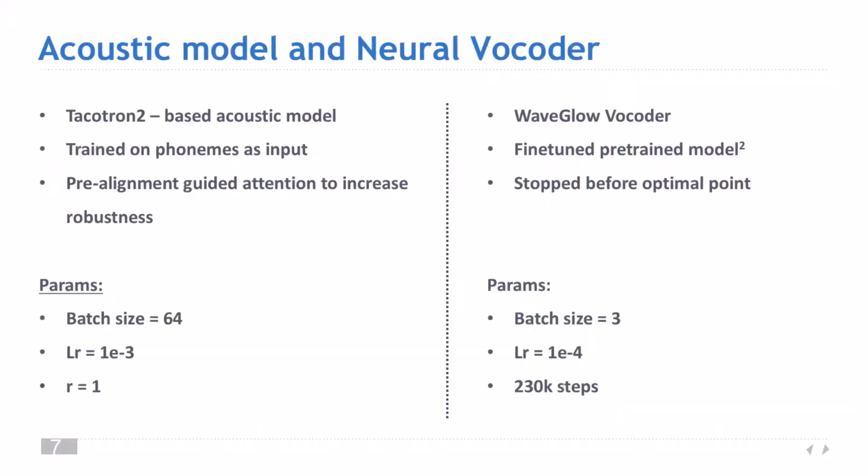For the acoustic model, we used the Tacotron 2 base model. We trained it using the phonemes obtained in the previous step, and we also added an additional loss term proposed in the paper.